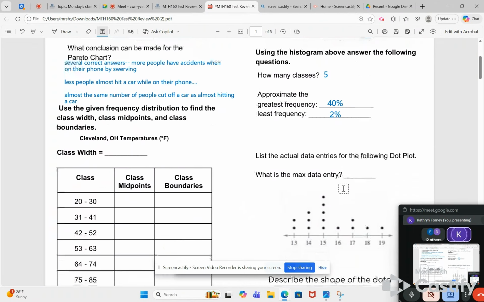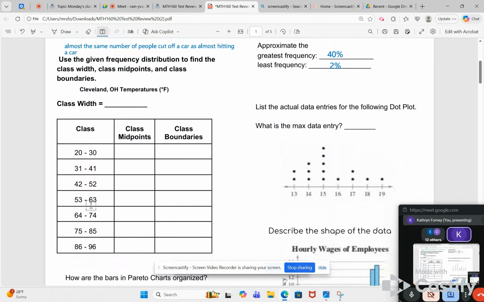All right. So over here, looking at this frequency distribution, we see here we have different classes. If we wanted to know what the class width was, the class width is going to be 31 minus 20.